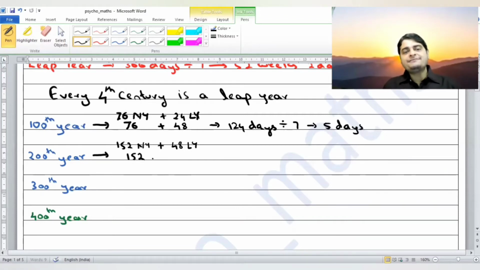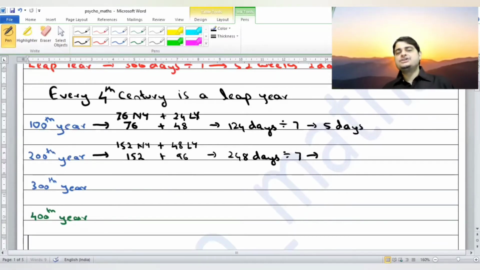So 152 days plus 96 days sums up to be 248 days. Now when you divide 248 by 7, check, the remainder will be 3 days. It means the first 200 years has 3 days extra than the complete week.